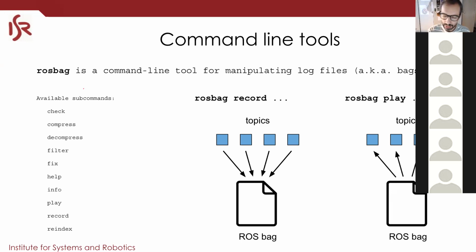Which means that as you are developing a localization system for a robot, you are getting all of this data exactly the same way, whether coming from a ROS bag or from a robot. Which means that if you have your software running on the ROS bag, you don't need to change one line of code, and it should work for the real robot. This is extremely useful.